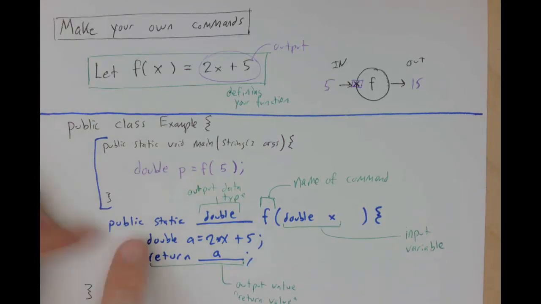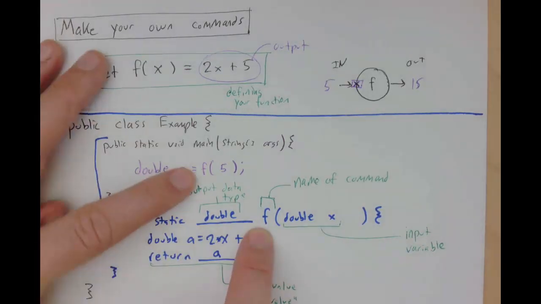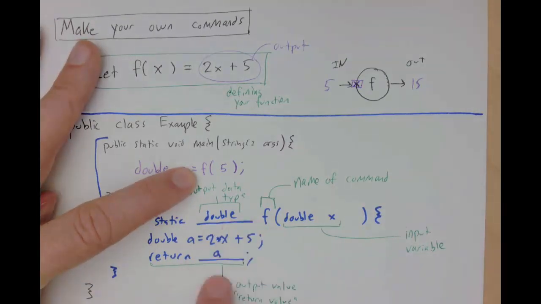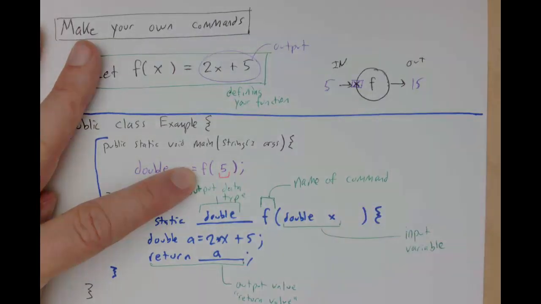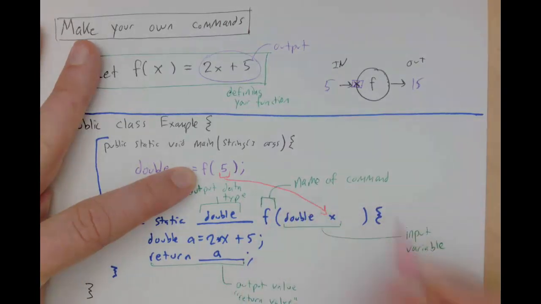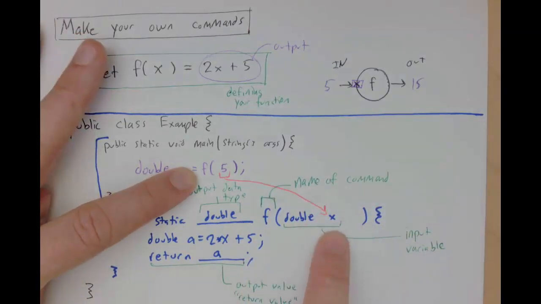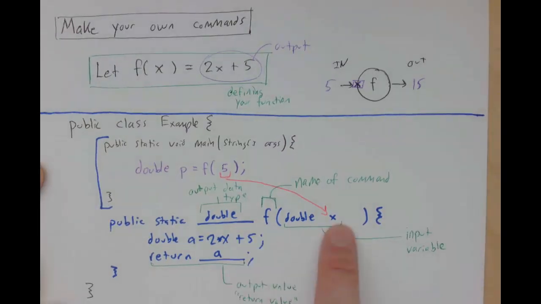So it's going to look for public static something F. When it finds it, it says, aha, so here's how I know what to do when someone runs the F command. So we'll take the number 5, which is the input value, and 5 is going to get copied inside this variable x. So this variable is how you are able to send values to be used inside your command.